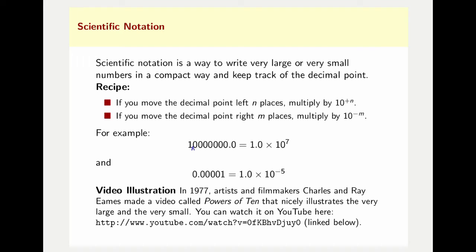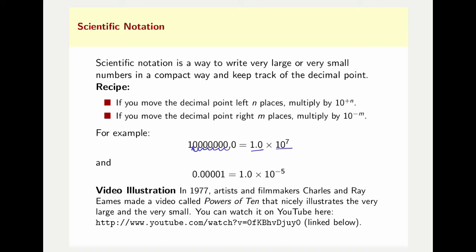For example, here I have 10 million written out. I want to move the decimal point here right after the 1. So I have to move it 1, 2, 3, 4, 5, 6, 7 places left. Since I move left, that means I have 10 to the 7, 1.0 times 10 to the 7.